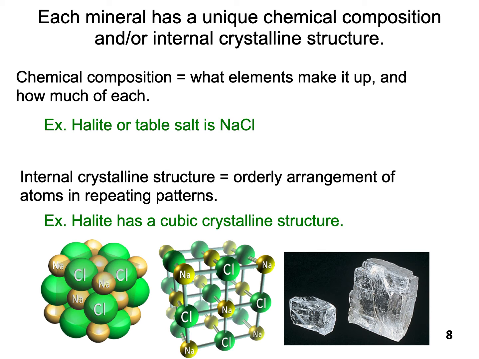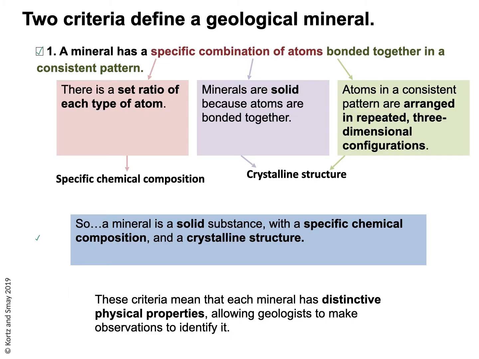So we would call that a cubic crystalline structure, but there are many different kinds of crystalline structures and shapes that will give crystals of minerals their distinctive pattern, their shape. So you have or you will be working with mineral physical properties.